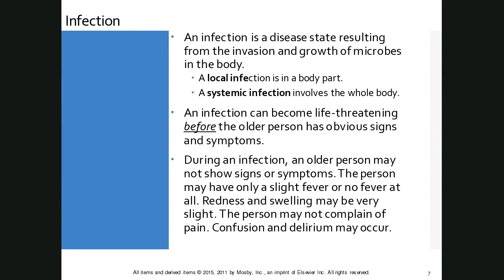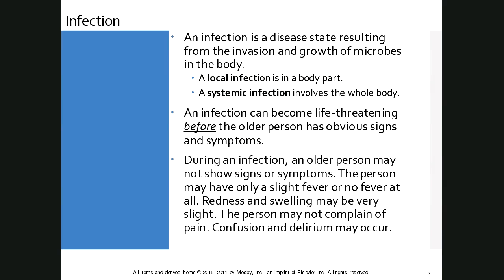An infection is a disease state resulting from the invasion and growth of microbes in the body. A local infection is in a body part, whereas a systemic infection involves the whole body. So local is one area. Systemic is like systems, but a system is everything. So when it says systemic, that means it's everywhere.